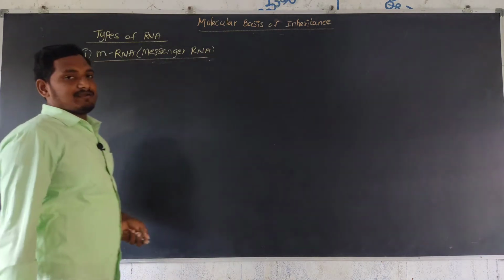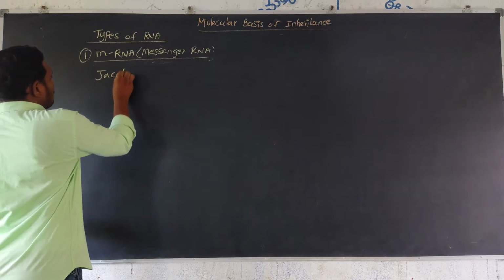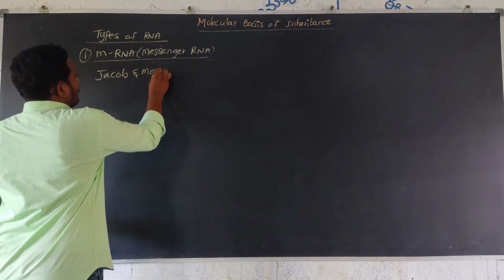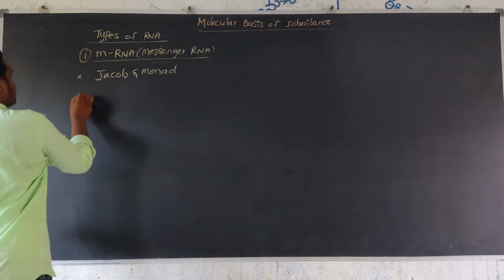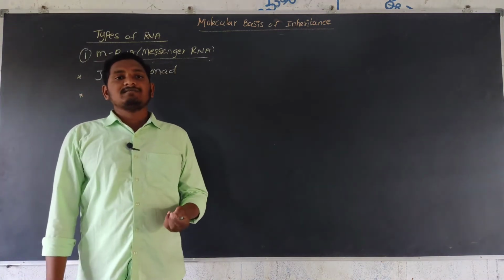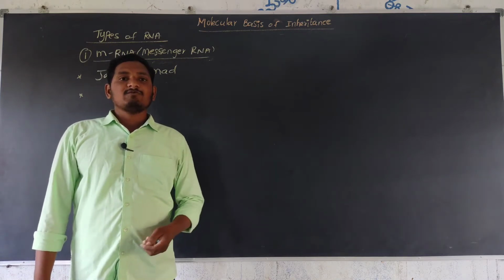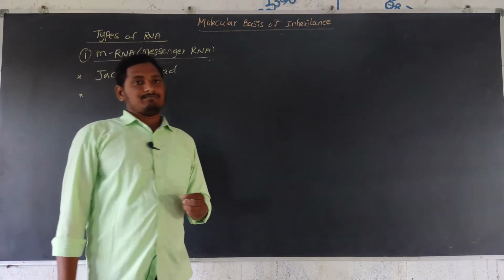The messenger RNA concept was given by Jacob and Monod. This messenger RNA is a copy of DNA which helps in the preparation of protein, to make up protein.